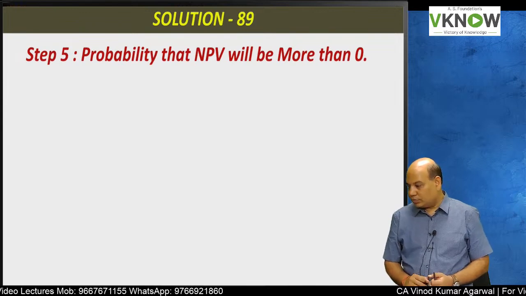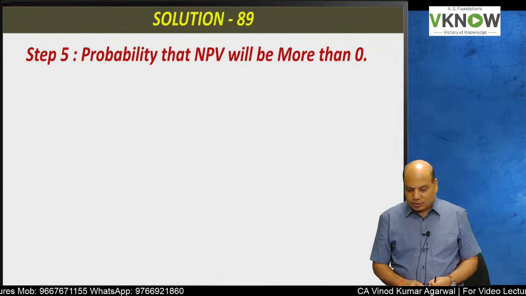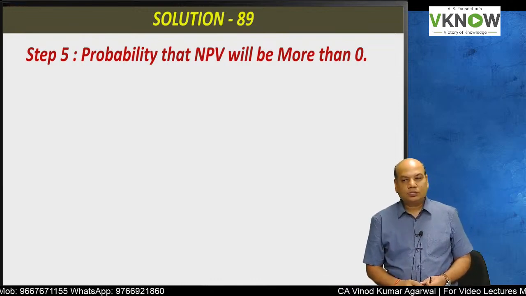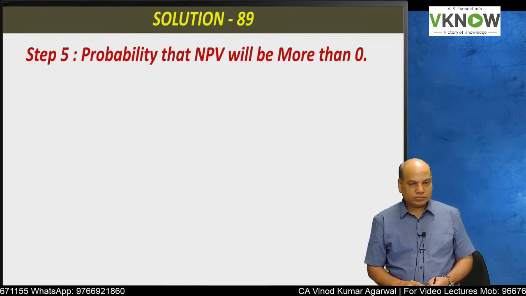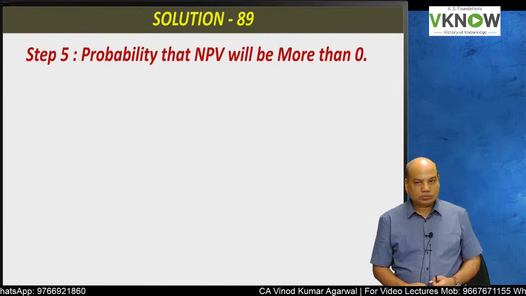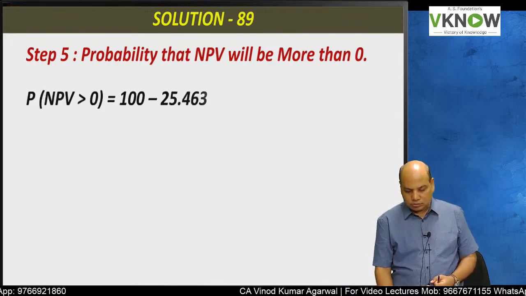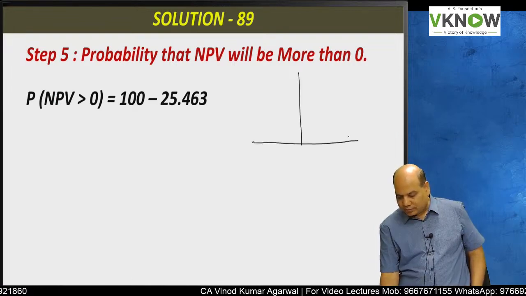Now write down step number 5, probability that NPV will be more than 0. More than 0 means, draw the diagram.